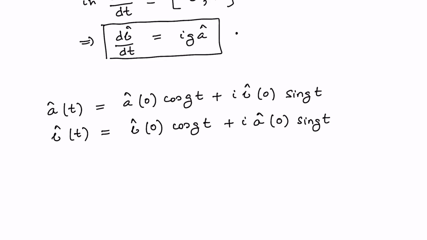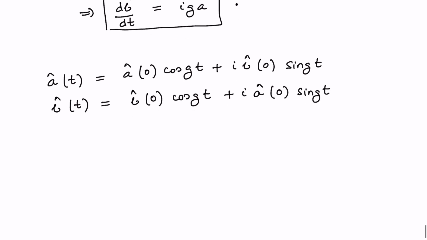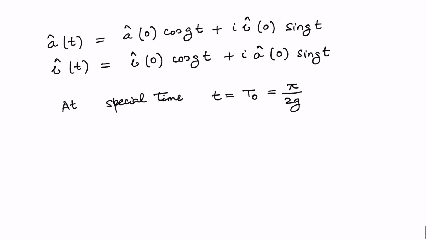Now these solutions imply that at arbitrary time the modes a and b are mixtures of their initial values. Now at a special time t is equal to, say, t0 is equal to pi by 2g, you will get these solutions.